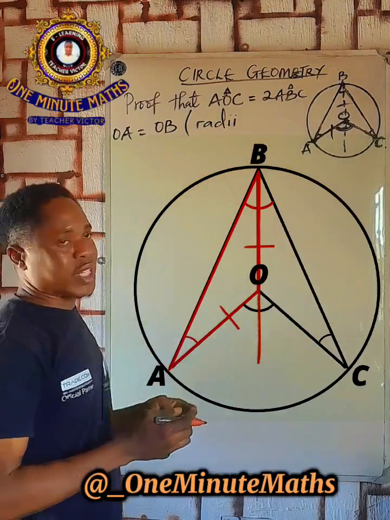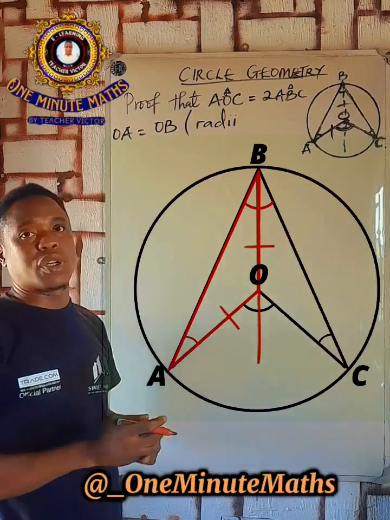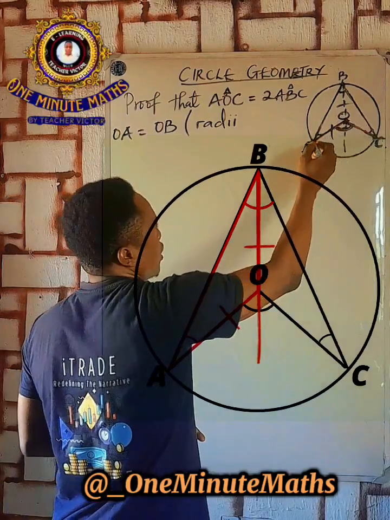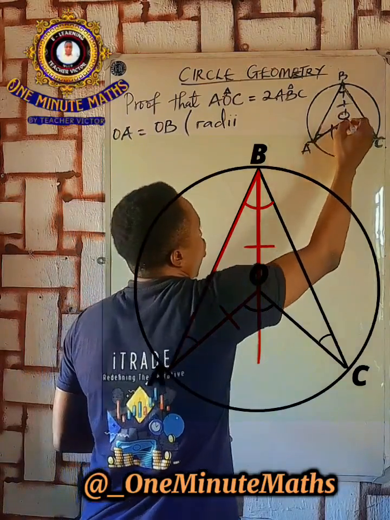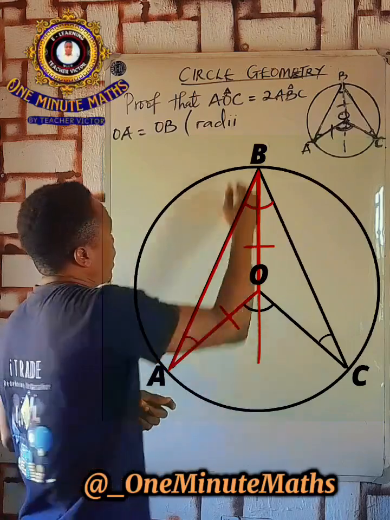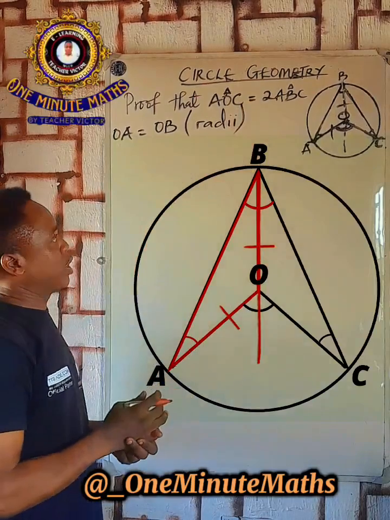Remember, a radius is any line drawn from the center of the circle to any point on the circumference. So since OA and OB are both radii, then we can say that they are what? Equal. Hence, we got this first statement.